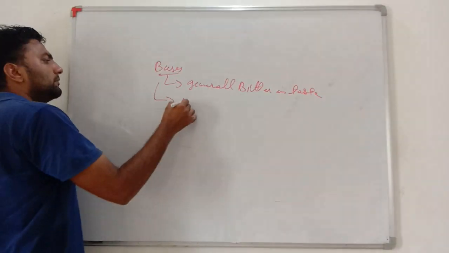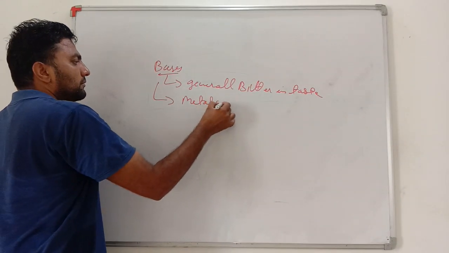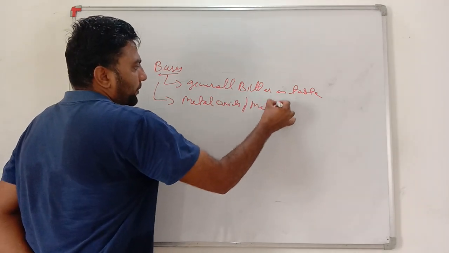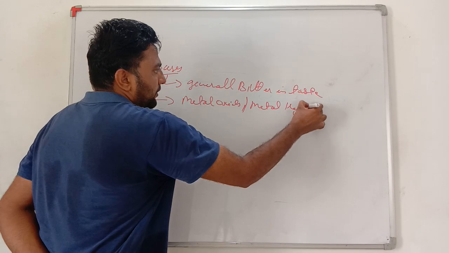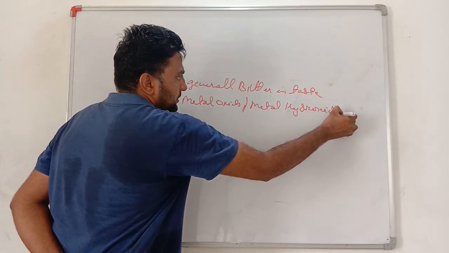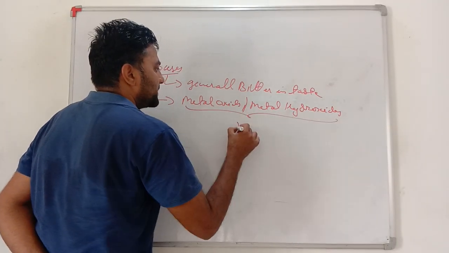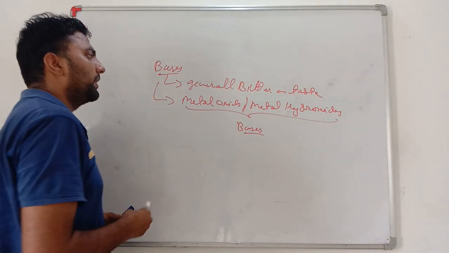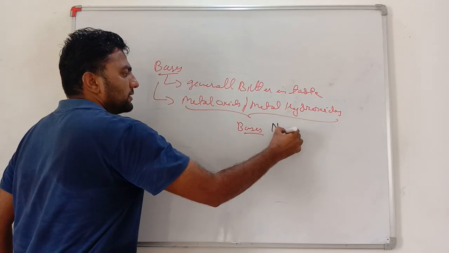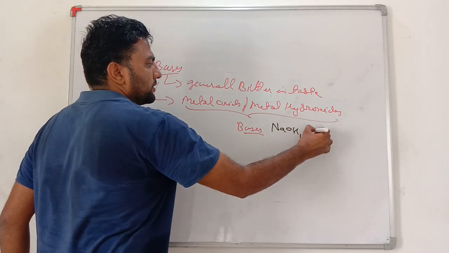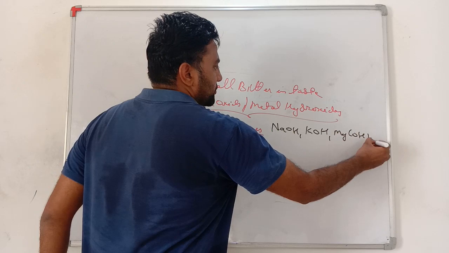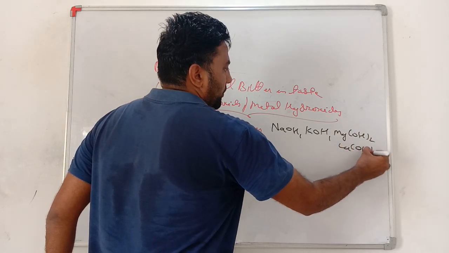Very important, metal oxides or metal hydroxides are bases. Very important, we will see metal hydroxides, that is NaOH, KOH, Mg(OH)2, Ca(OH)2.